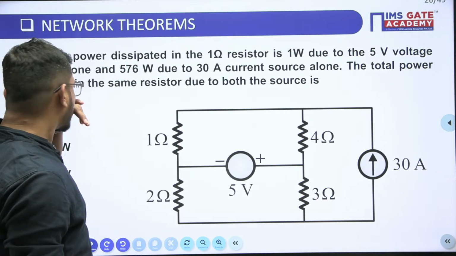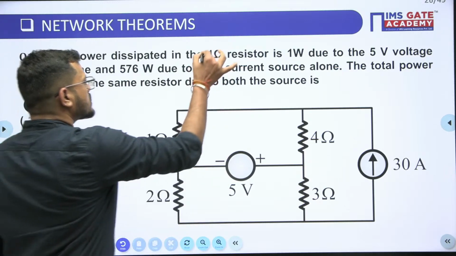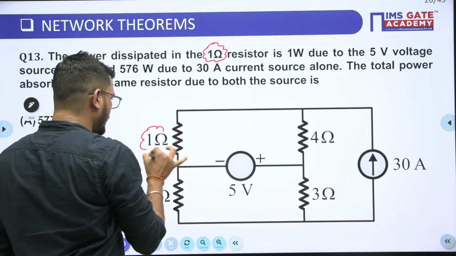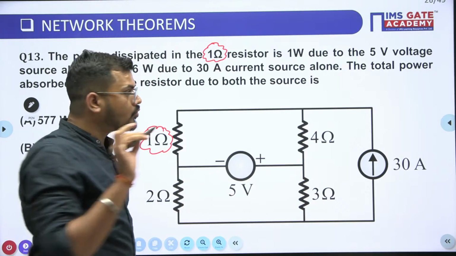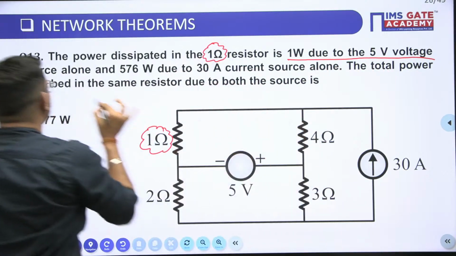Now, what is given to us? The power dissipated in the 1 ohm resistor is 1 watt due to the 5 volt voltage source alone.